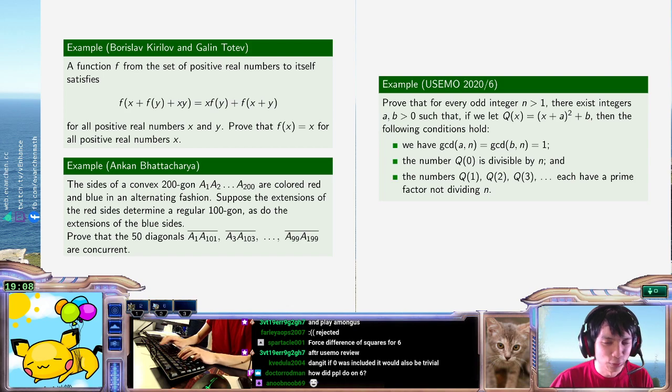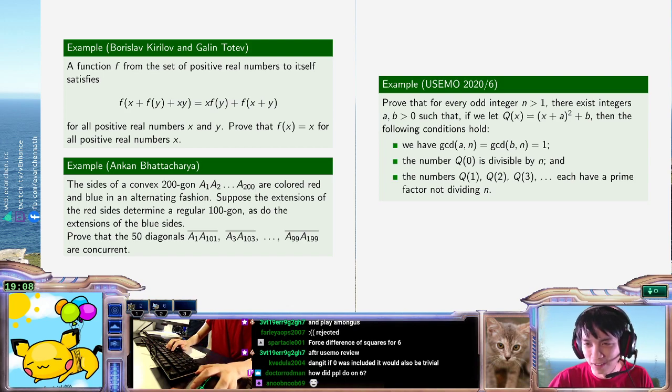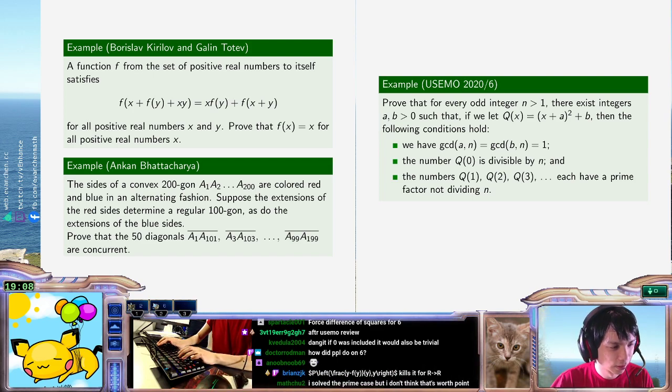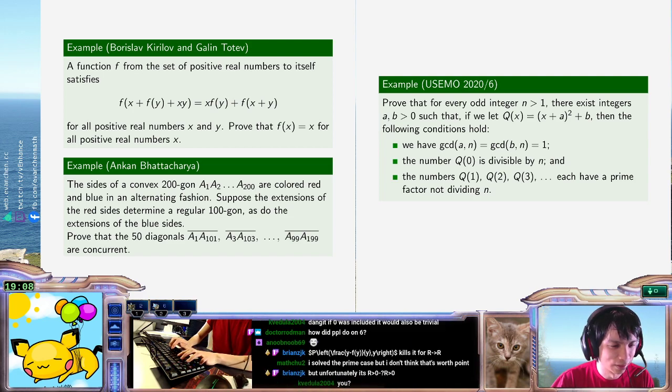Alright, any guesses for problem 6? No, prime case is not worth the point.